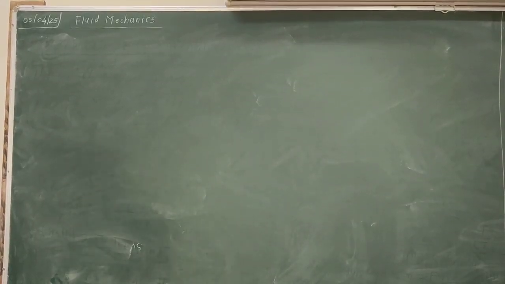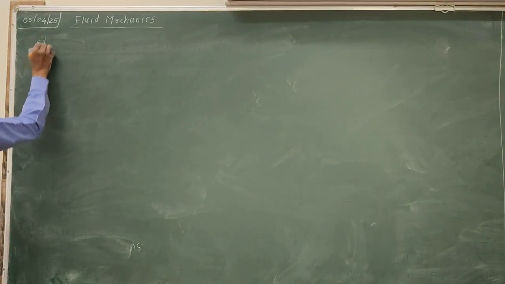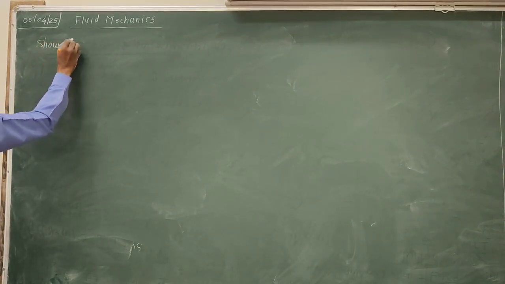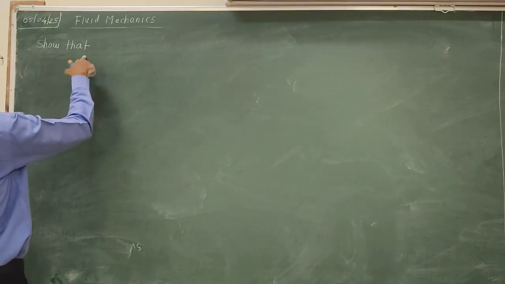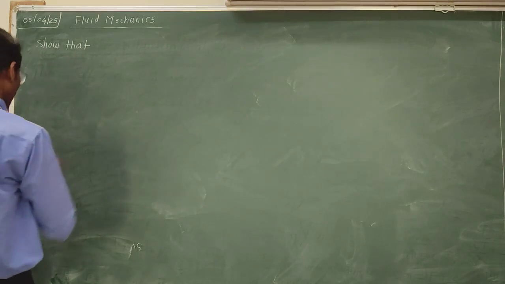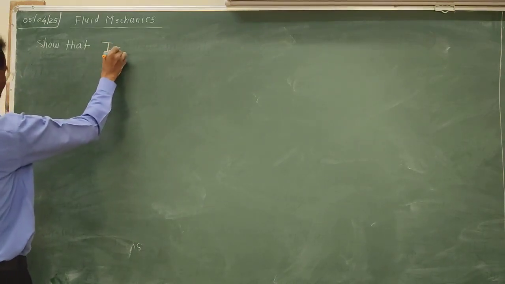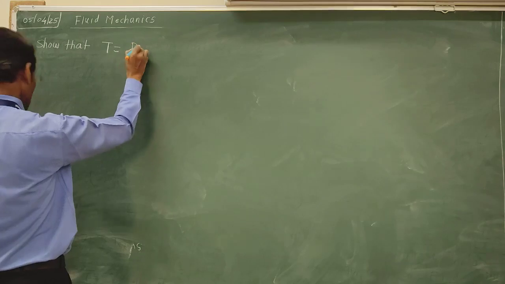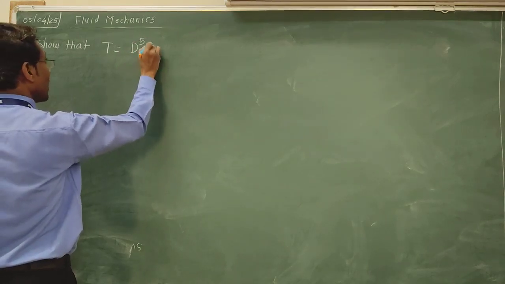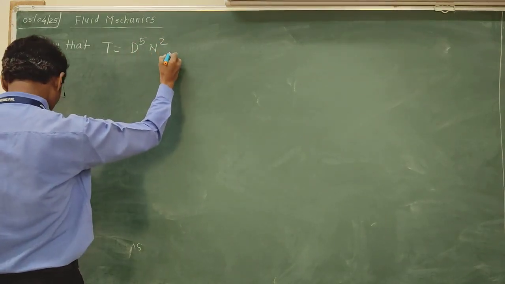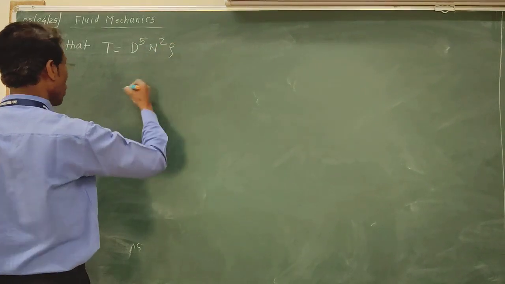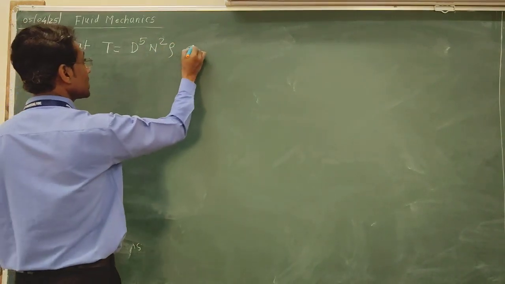So let us take one numerical. Say we are asked to show in this way. In the dimensional analysis problem, the statement is like this: show that, for example, T upon d raised to 5 n raised to 2 is n square into rho, okay, is a function.